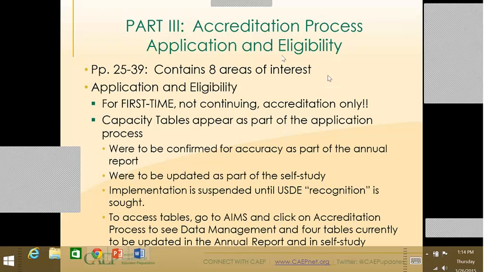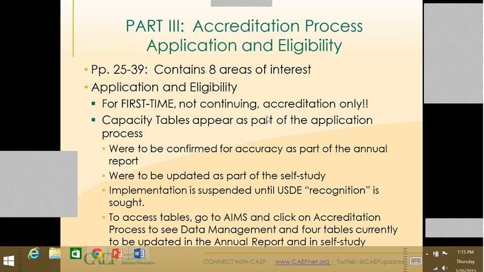However, those capacities were going to be confirmed for accuracy as part of... okay, everybody says that's better, thank you. Okay, so the capacity tables were going to be confirmed for accuracy by each of you at 2 points in the CAPE process. One, they were going to be updated as part of your self-study. And so I believe that is continuing, although implementation is temporarily suspended until United States Department of Education recognition is sought.